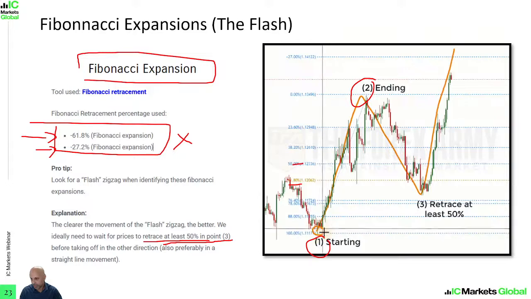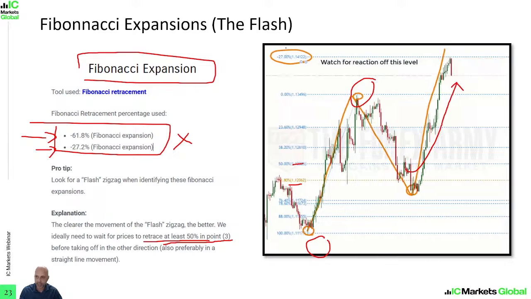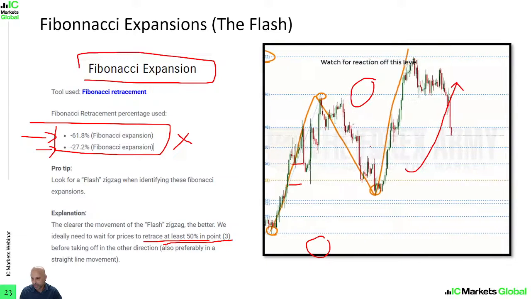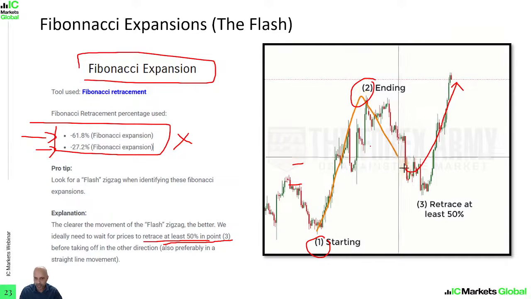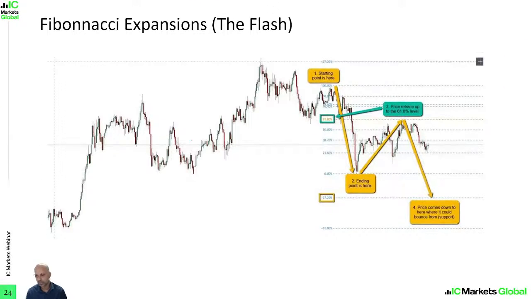So as price is retracing lower, price must reach at least the 50% retracement level before reversing to go higher. And then as it comes up, then the negative levels or the expansion levels are valid. If price reverses around the 38.2% retracement or 23% or anywhere above the 50%, then typically these expansion levels are not valid, right? It will be much easier to visualize on this static chart.